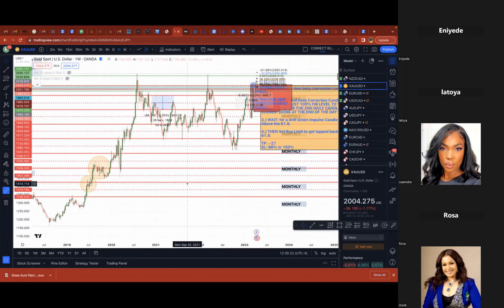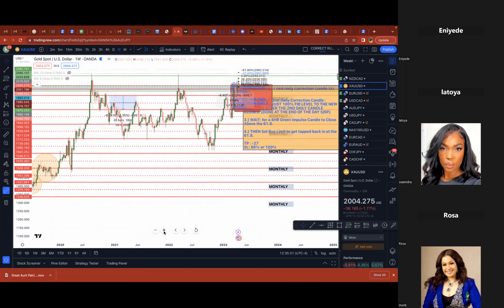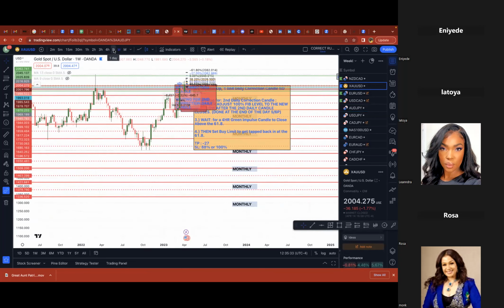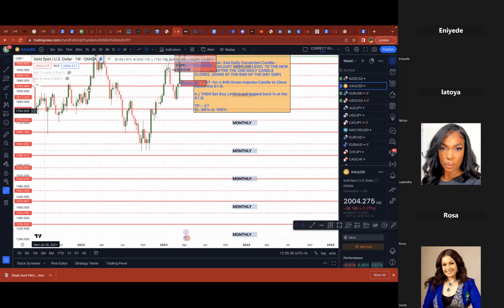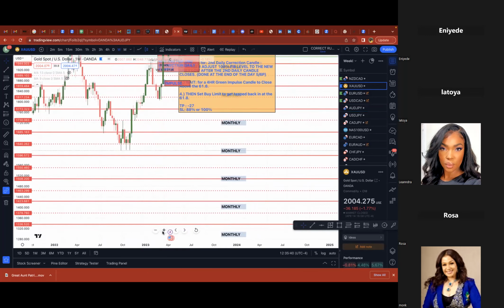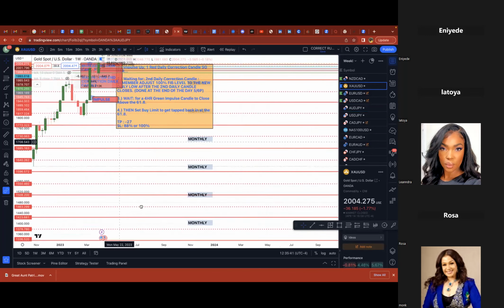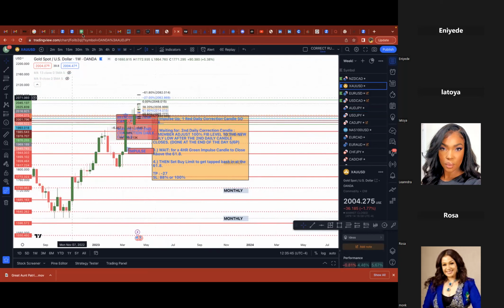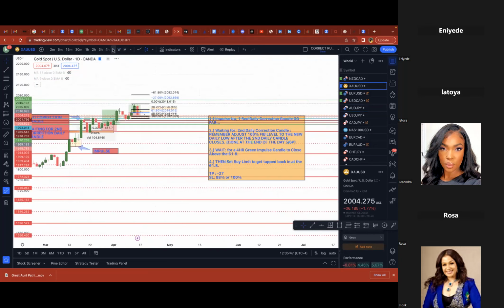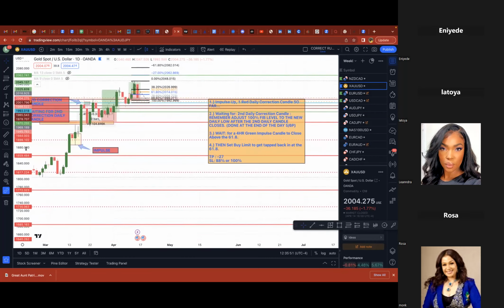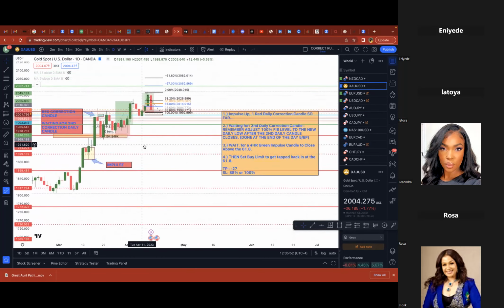But I'm gonna go over gold first from last week. Sorry, I gotta clean up this chart. I'll just let y'all know what these lines are anyway.